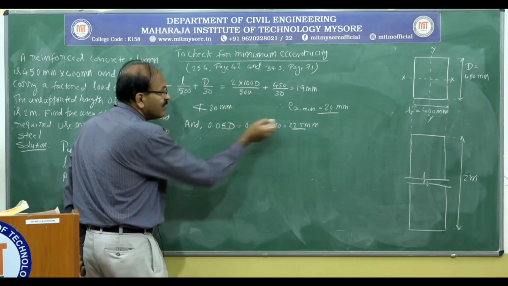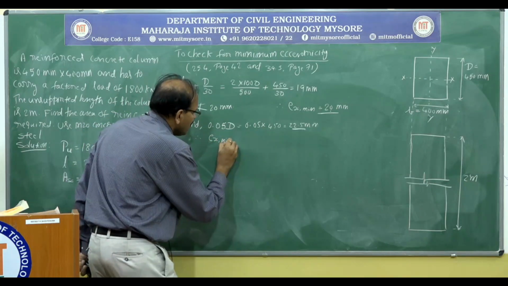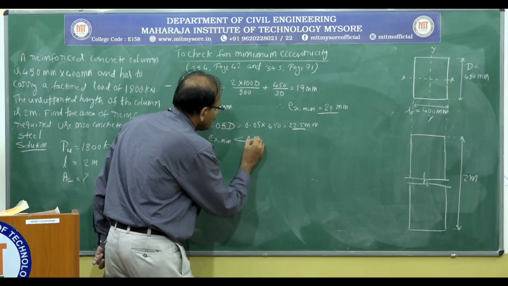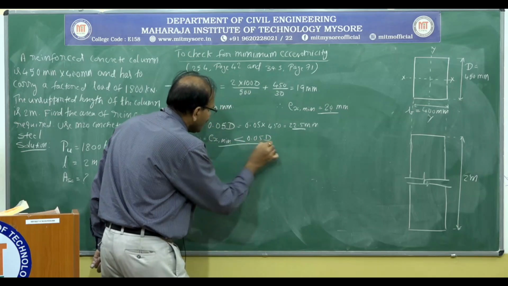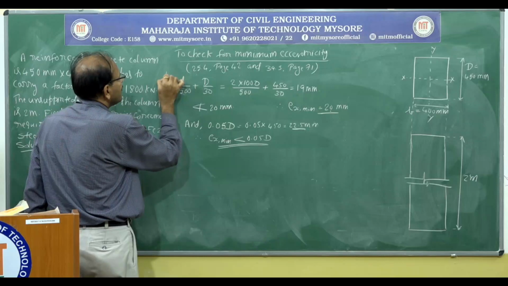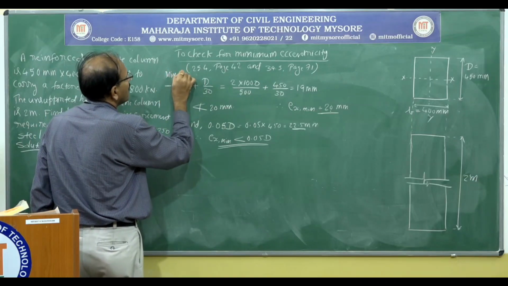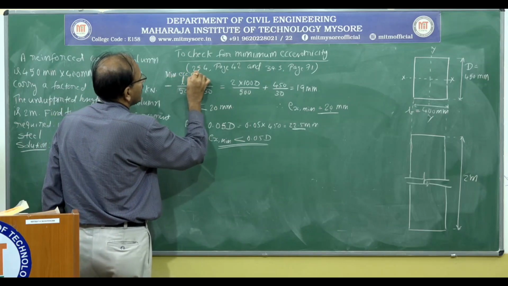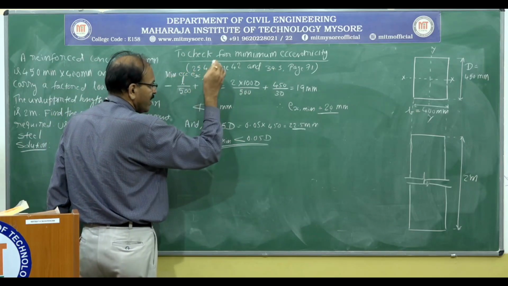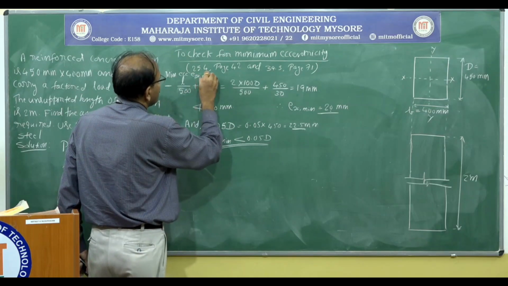Therefore, here Ex minimum is less than 0.05 D. One condition is satisfied. This is for the minimum eccentricity Ex minimum.